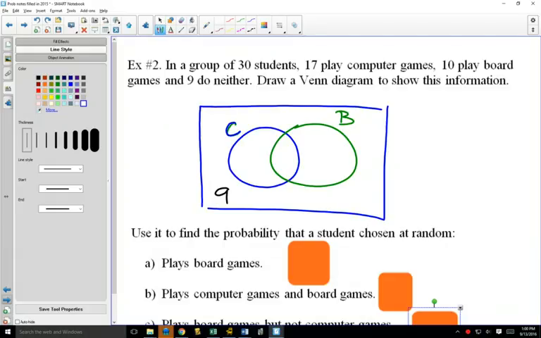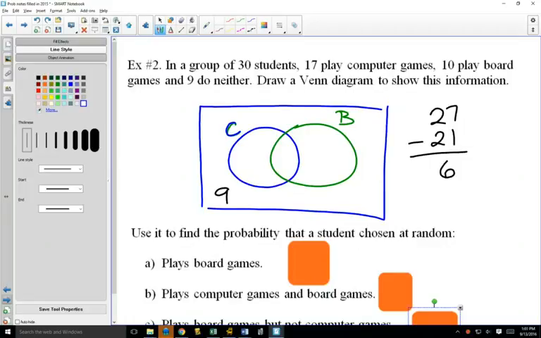Any suggestions? Yes. We know that there's going to be 30 in total. So how are we going to use that? Subtract 9 from 30, so there's going to be 21 left in between those. Okay? Does that make sense?